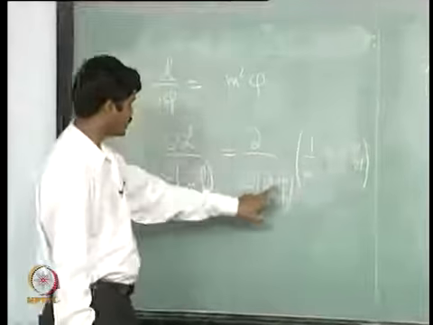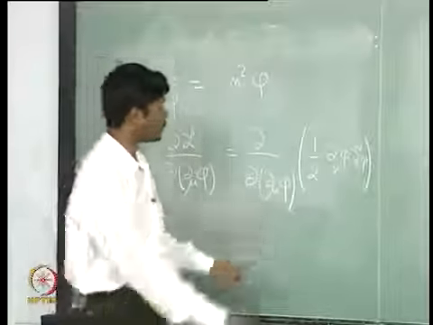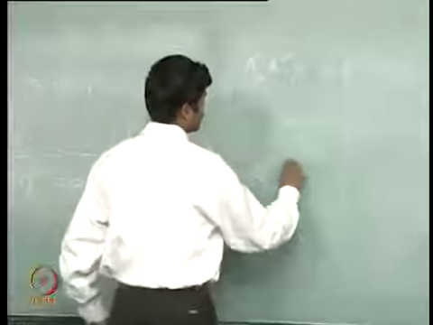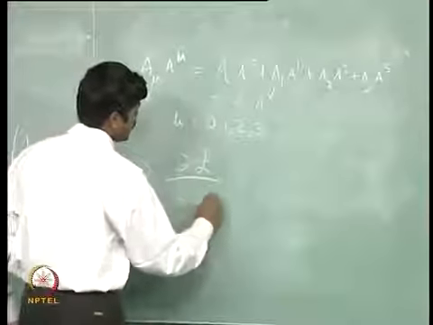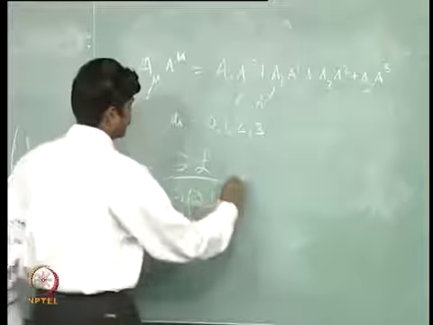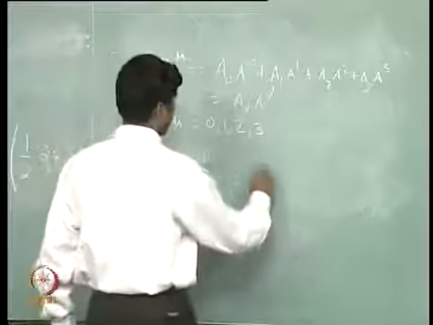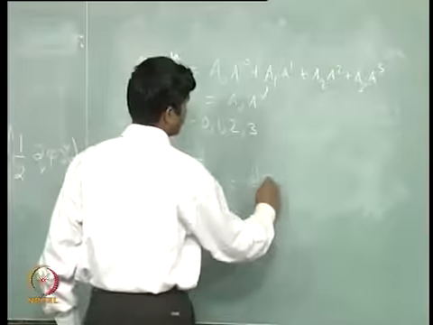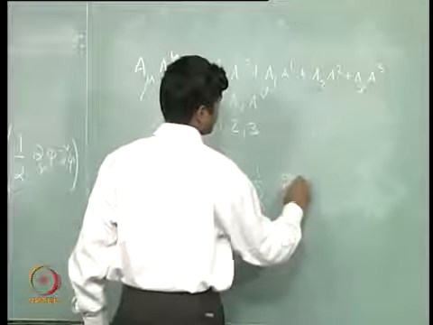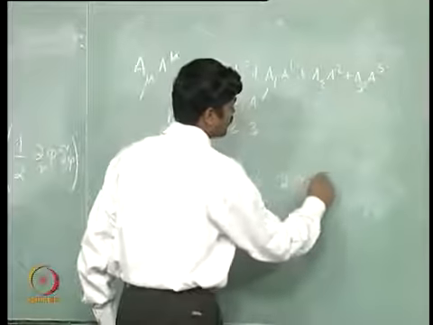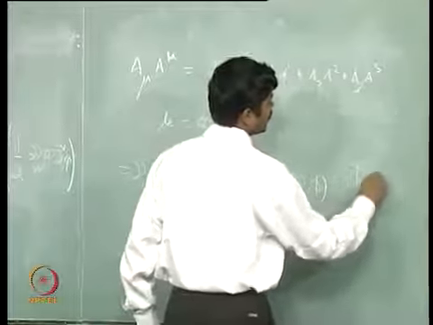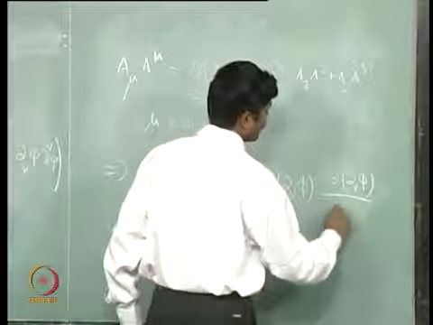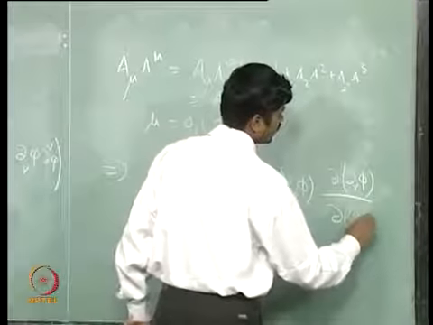So, this implies del L over del (del mu phi) is just equal to half times twice del nu phi times del (del nu phi) divided by del (del mu phi).